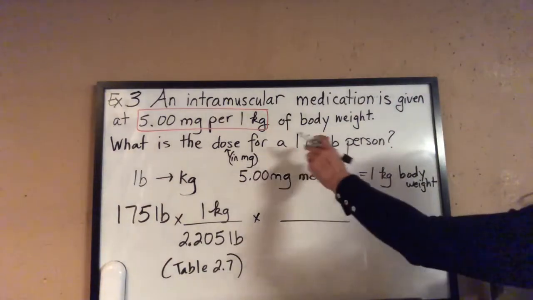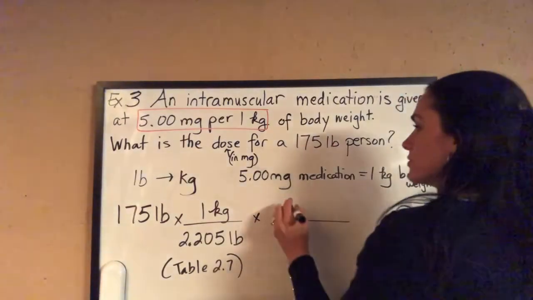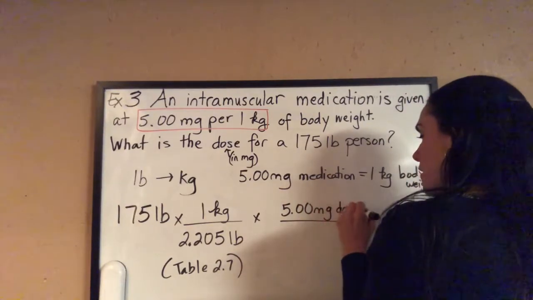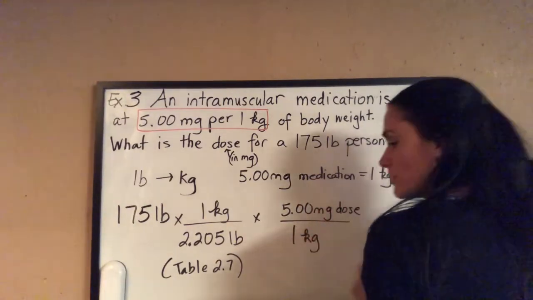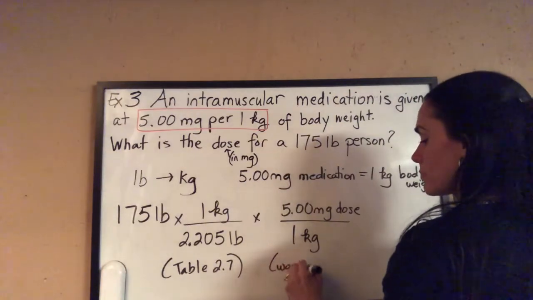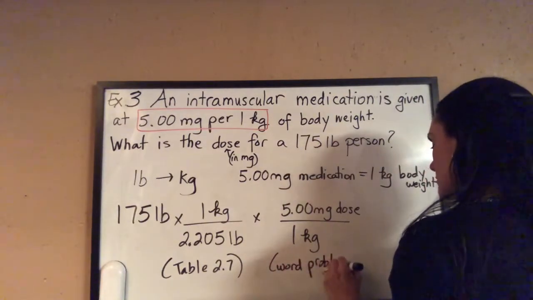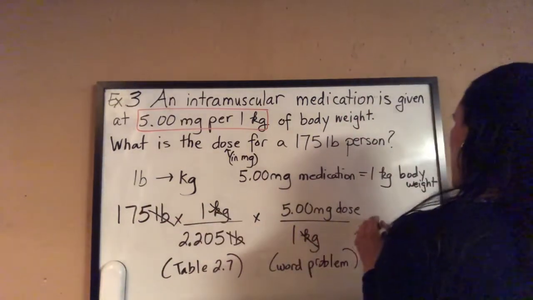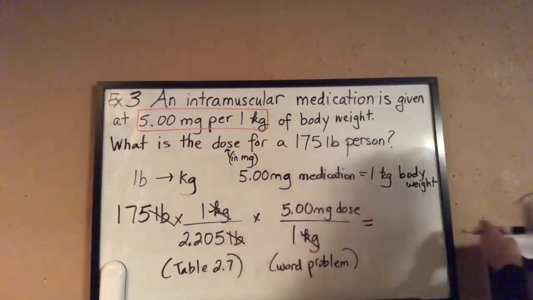Now I need to convert it into the milligrams for the dose. So 5 milligrams dose for 1 kilogram of body weight. This comes from the word problem. Pounds cancel, kilograms cancel. I'm left with the milligrams of the dose.